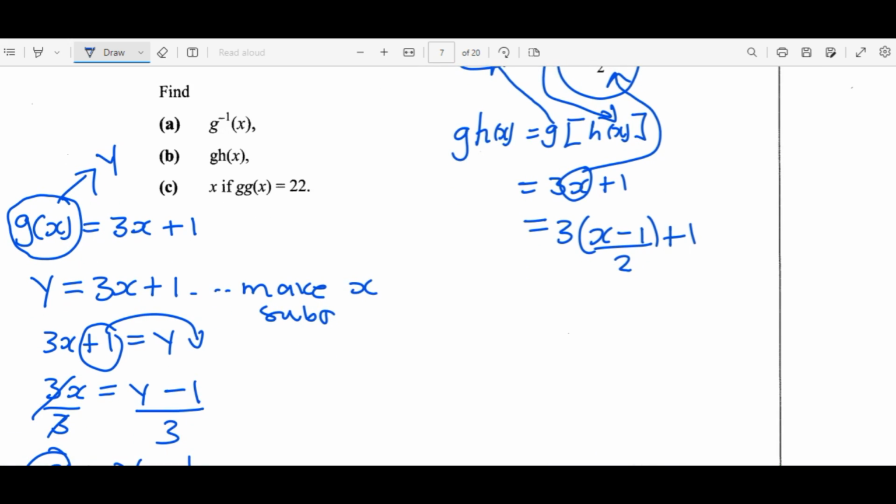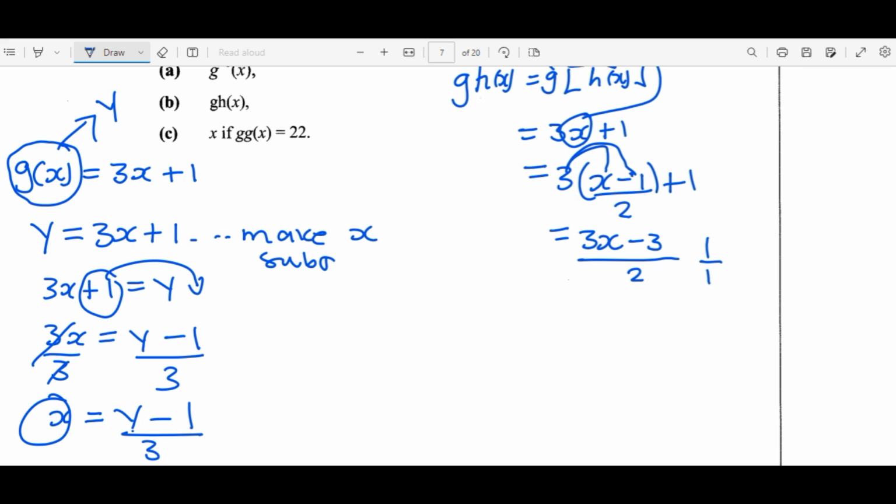We can say we are done, but we just want to simplify it further. So 3 multiplied by x will give us 3x. 3 times negative 1 will give us negative 3 over 2. So the 1 is alone here. Now to simplify, we cannot say negative 3 plus 1. No, we need to combine this as a fraction.